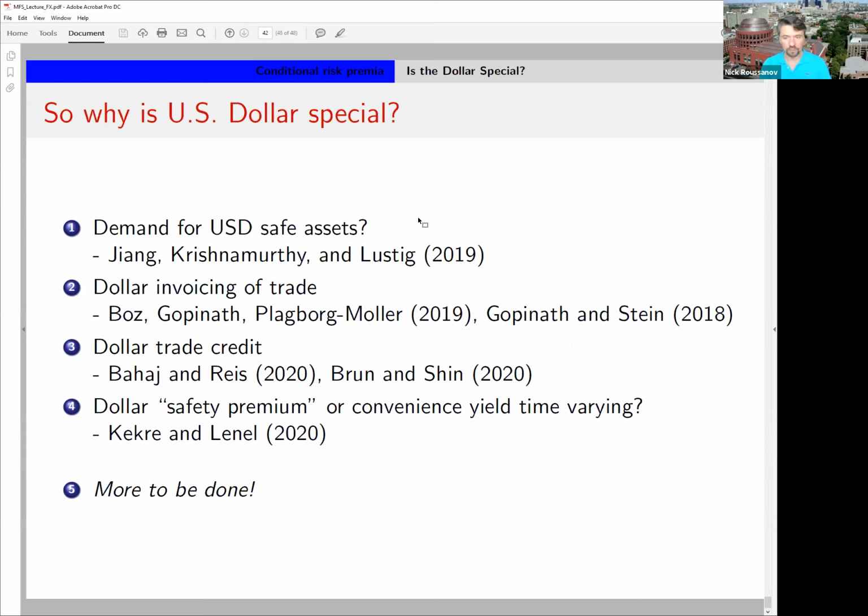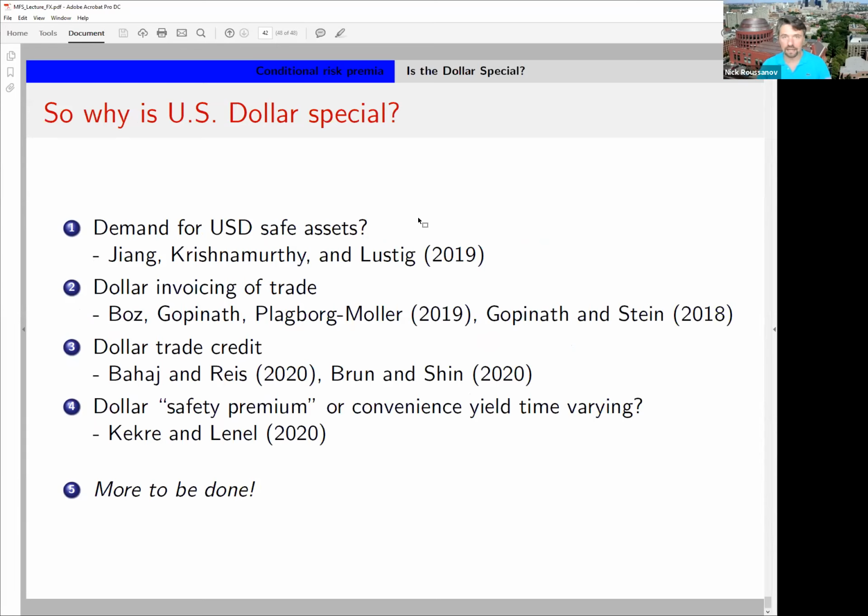Well, Nina and I are doing some work on this, but of course it's too preliminary to put out there. But I think more fundamentally, we have to go back to understanding what makes the dollar so special, which is, again, a super exciting area.